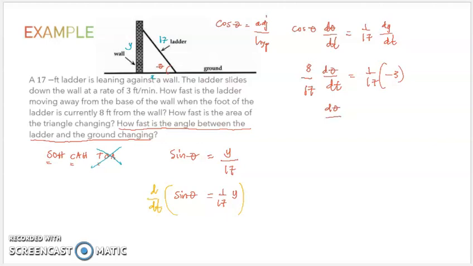So our derivative of theta with respect to time is just equal to -3/8, or -0.375. And what will be our unit of measure here? The standard unit for angle is radian, and that's per minute.